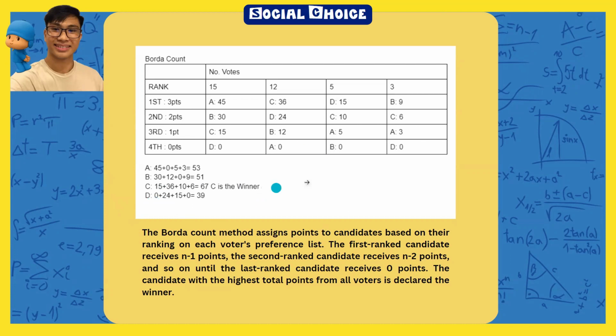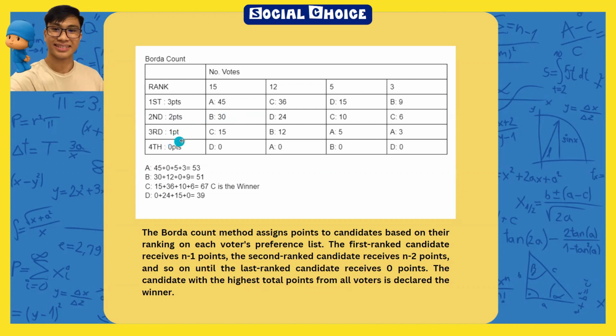So for the Borda count method, makikita natin dito na for letter A, since naka first place siya dito sa column na to, i-multiply natin yung 15 at saka yung 3 points, tapos magiging 45. Tapos si letter B, magiging 2 points times 15 kasi second place lang yung nakuha niya dito. So makukuha niya 30.